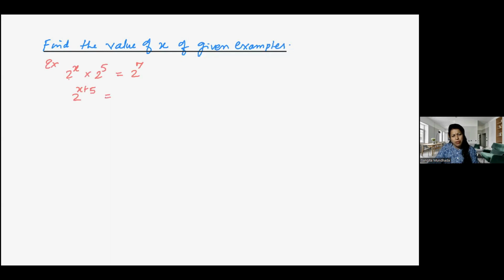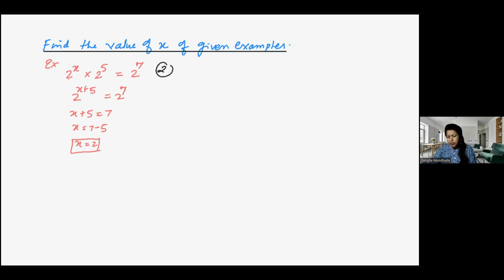Base same, a raised to m, a raised to n, m plus n. Same 2, base is 2, so x plus 5, 2 raised to power 7. So now base is same, so equating power. So x plus 5 is equal to 7 and x is equal to 7 minus 5. So x is equal to 2. This is the way you have to find the value of a variable.